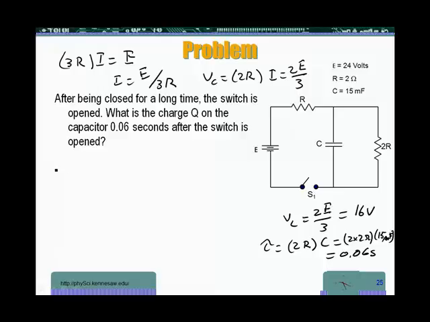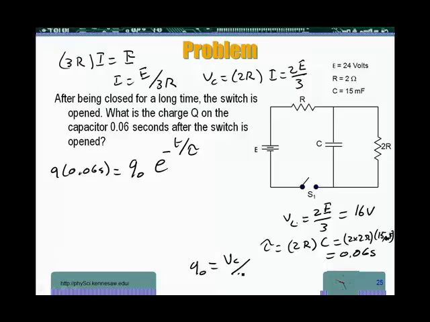They are asking us for the charge at 0.06 seconds, which is Q0 exponential minus t over tau. In this case, knowing Vc, I can find Q0, which is Vc over the resistance that we have for this charge.